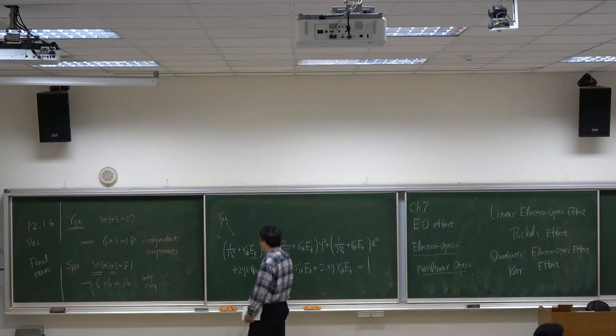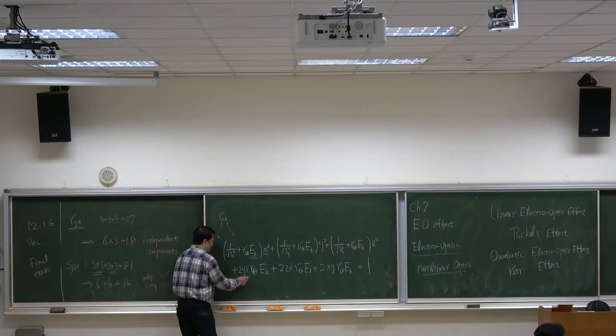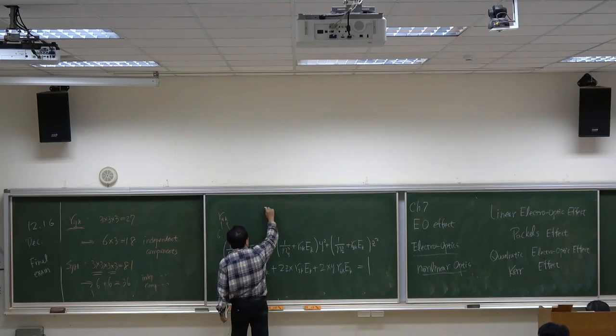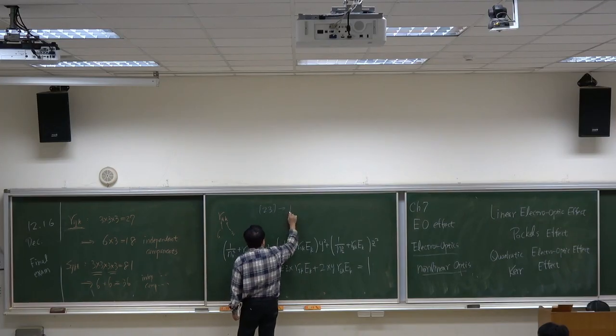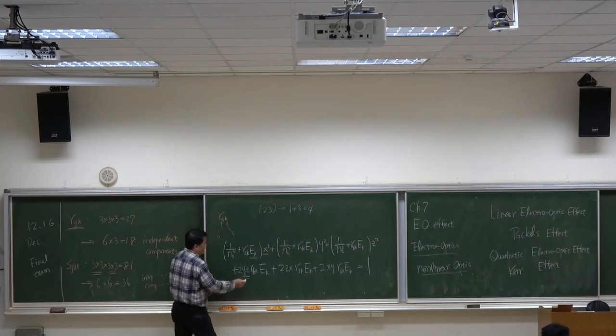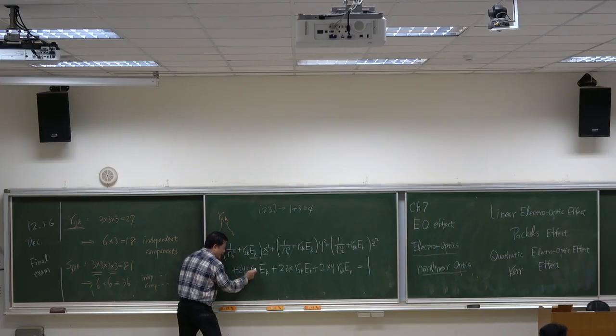And how about yz? We have 2 terms corresponding to yz. We have yz and zy, so here we have factor 2. And yz means 2, 3. We see 2, 3 goes to 1, and 1 plus 3 gives us 4. So here we have the index 4, corresponding to yz and zy. And now Ek sum over with R4k.